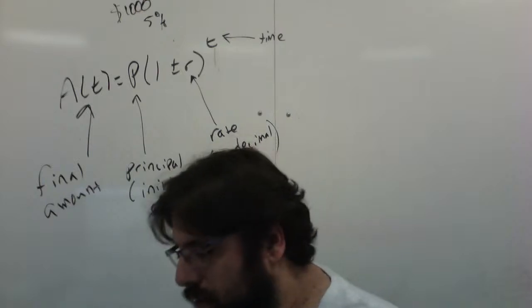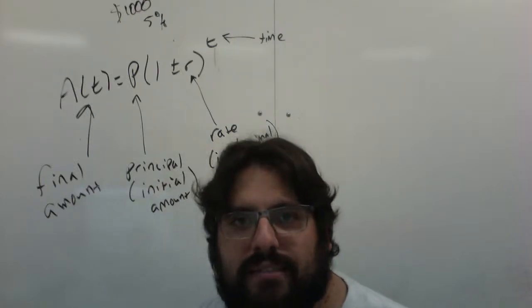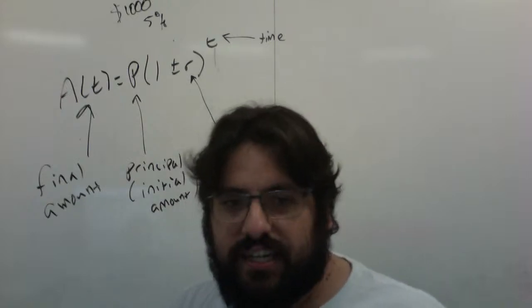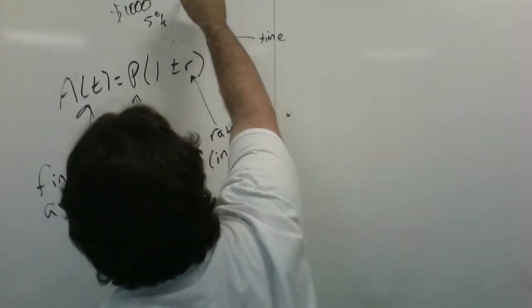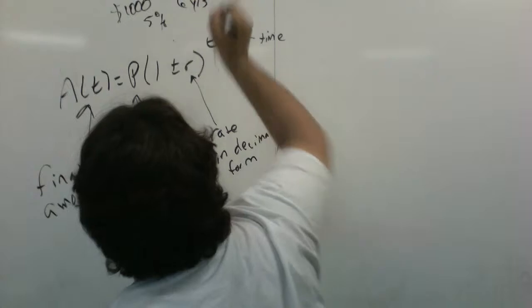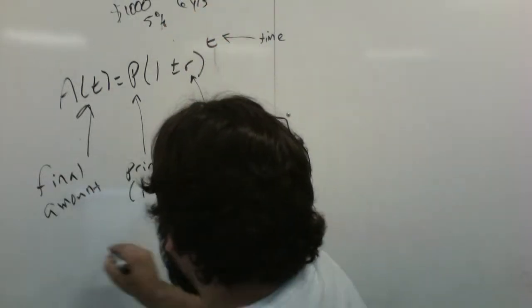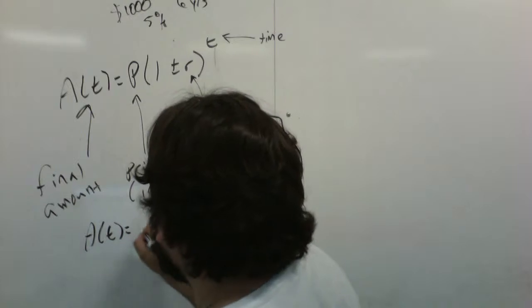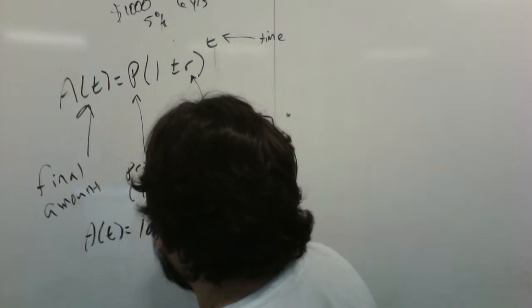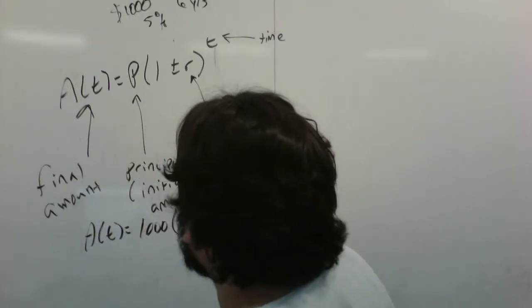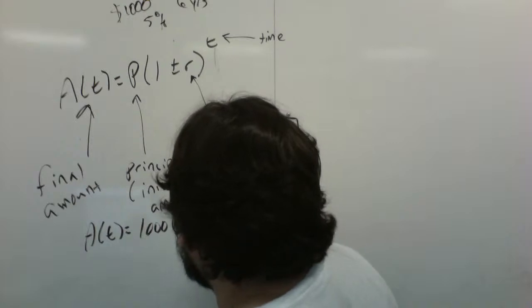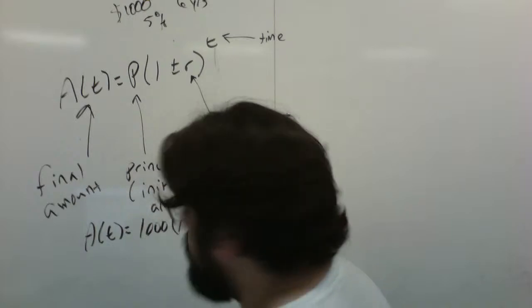Well, for the first part of the question, we need to figure out how much time passes from 6th grade to graduation. It's about 6 years, right? So if I apply this to the formula, A of t equals 1,000 times (1 plus 0.05) to the 6, because the account's growing.